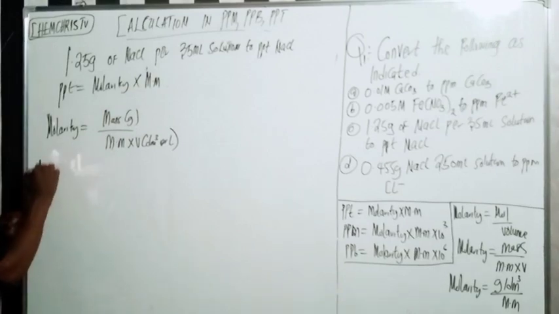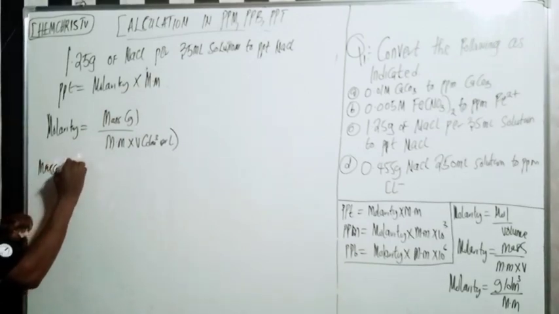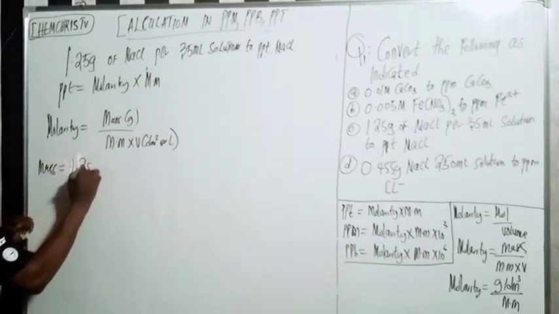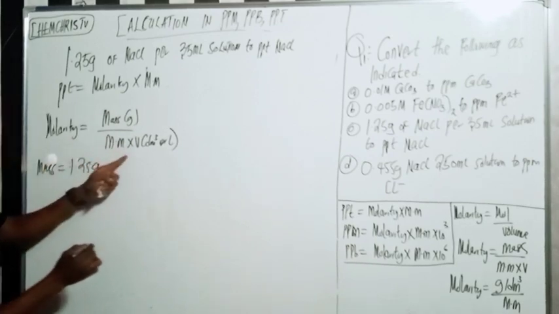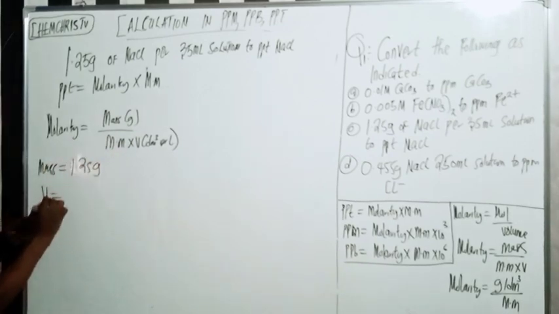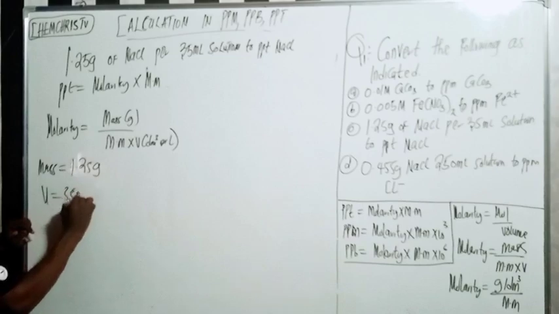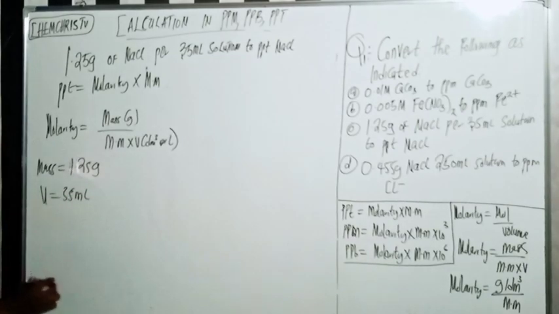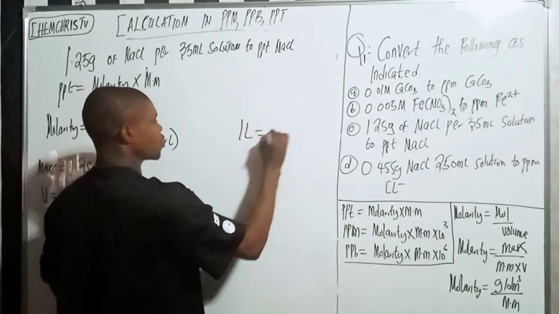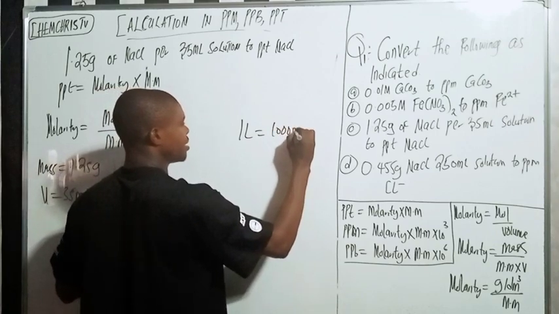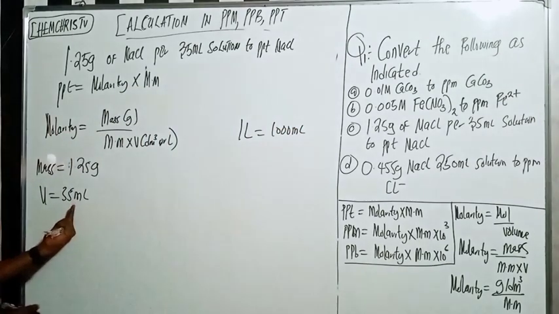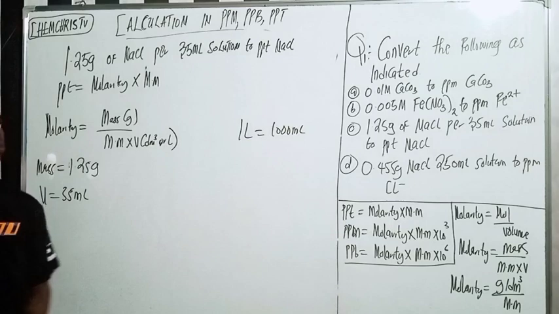My mass has already been given: 1.25 gram. My volume is 35 milliliter. Remember, 1 liter equals 1,000 milliliter, so you have to convert milliliter to liter.